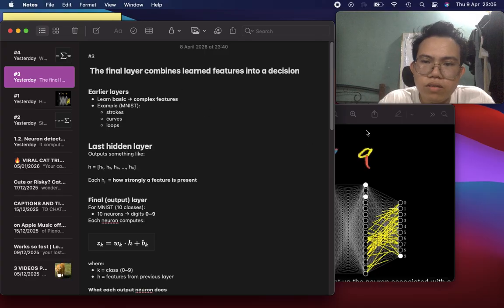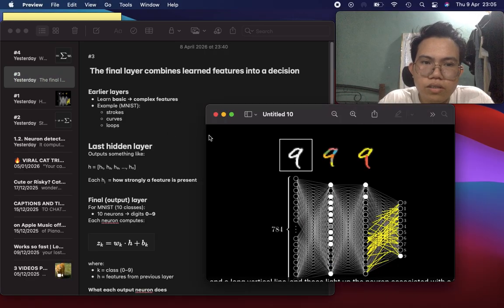Like I said earlier, the earlier layers learn basic features like strokes, curves, and loops.